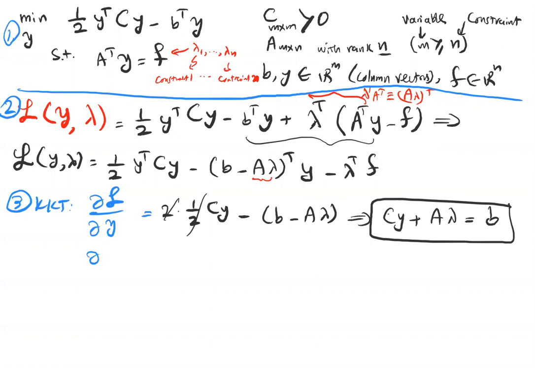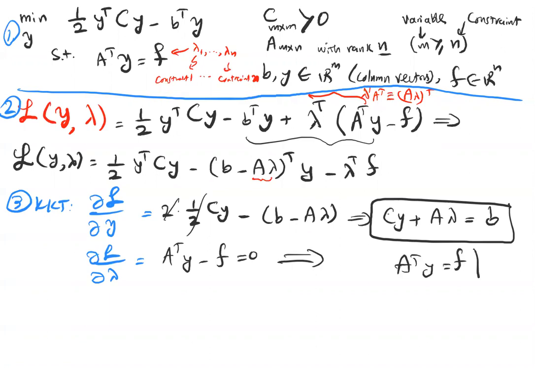And then we have derivative of Lagrange function with respect to lambda, which is nothing but our equality constraint. A transpose y minus f is equal to 0. So A transpose y is equal to f. So basically, we have a set of linear equations, and we want to find the answer to this set of linear equations.